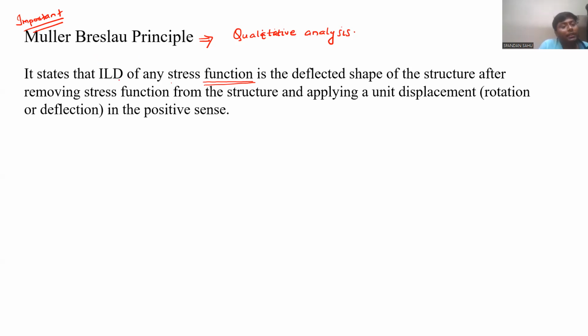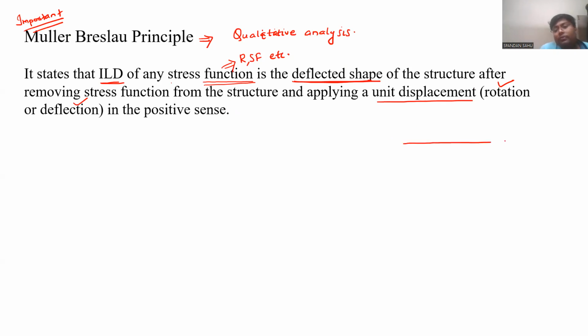It states that the influence line diagram for any stress function, that may be a reaction, shear force, etc., is the deflected shape of the structure after removing the stress function from the structure and applying a unit displacement, that might be rotation or deflection, in the positive sense.